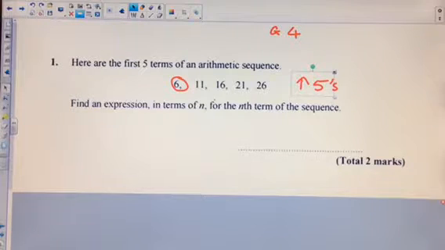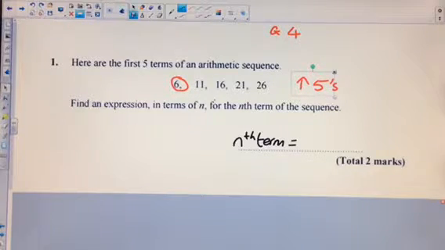I put those two thought processes together, and Bob's your uncle, Fred's your auntie, you end up with your answer. My answer is basically going to be the nth term equals, it's related to the 5 times table, so we're going to have 5n, but as the 5 times table starts off with 5 and ours starts off with 6, we know that this sequence is going to be 1 greater than the 5 times table, 1 greater than 5n.